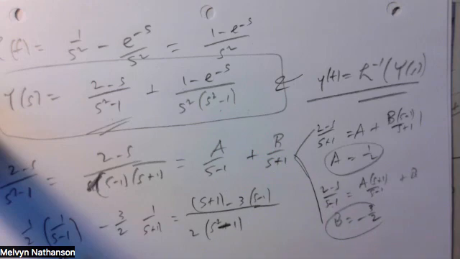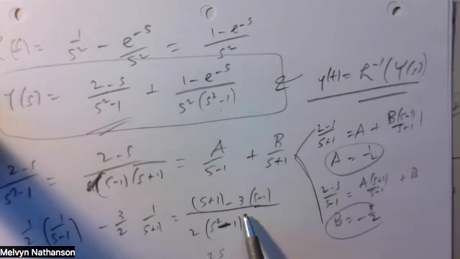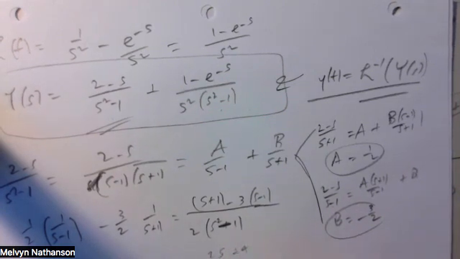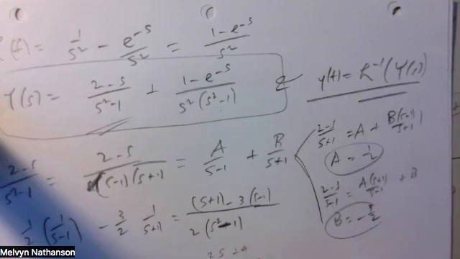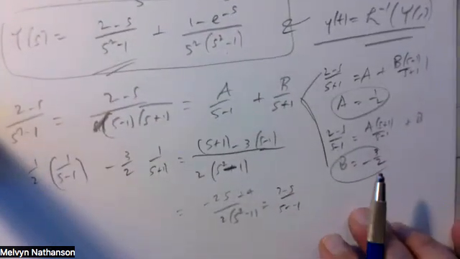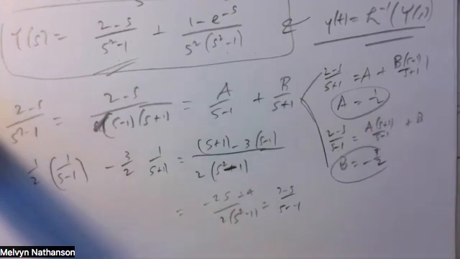So this should be a half minus 3 halves. So this is s plus 1 minus 3(s minus 1). So that's minus 2s plus 4 over 2 times (s squared minus 1), which is, oh, this is right, (2 minus s) over (s squared minus 1). This is correct. Oh, I solved the problem correctly. I just did the check wrong.